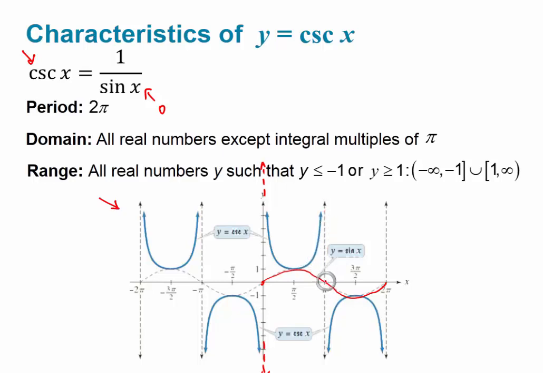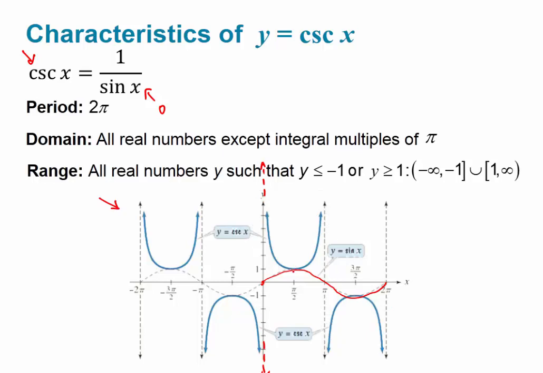Once I cross pi, I'm going to start getting negative sine values. So this guy's going to be taken off to negative infinity over here. And so really graphing the cosecant is as easy as graphing the sine. Every place the sine goes to 0, create an asymptote.